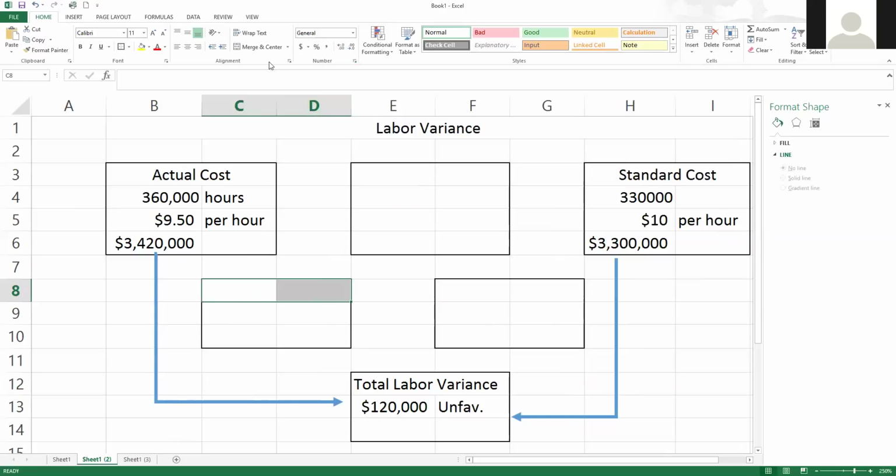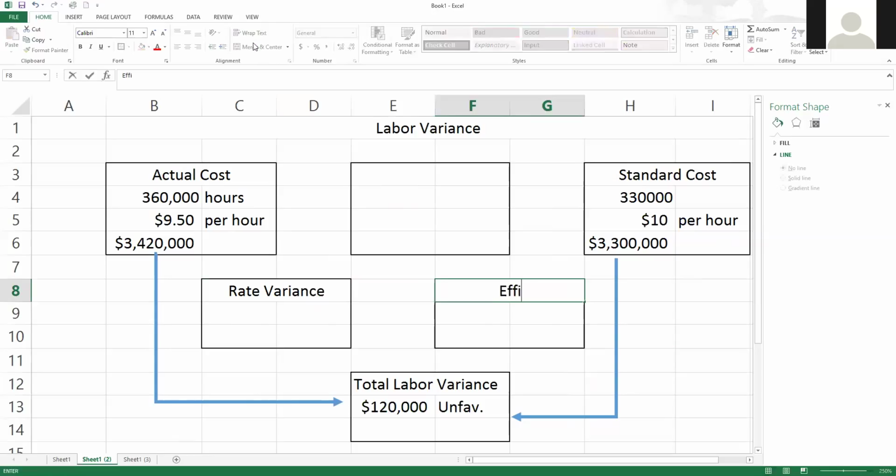This side, instead of being price like it was for materials, we're going to call it a labor rate variance. I'm just going to take off the word labor and make it fit a little better. And then here, instead of quantity or usage variance, we're going to call it an efficiency variance, meaning how efficient were we with the time that we had. The middle is just like before, standard.